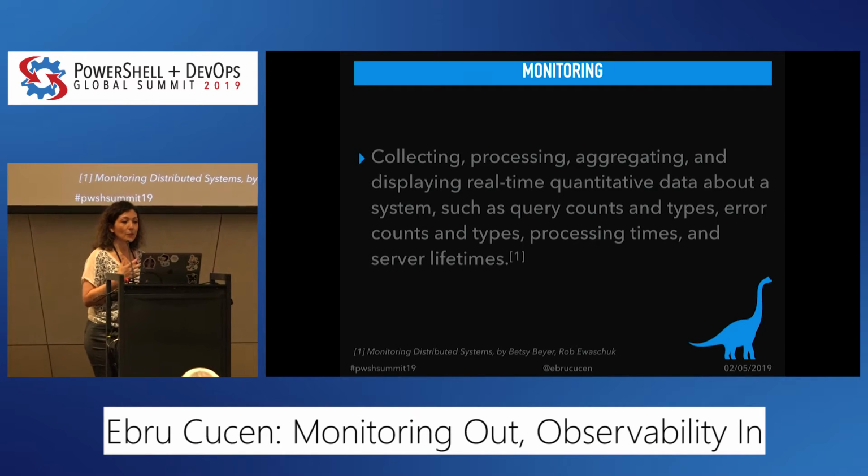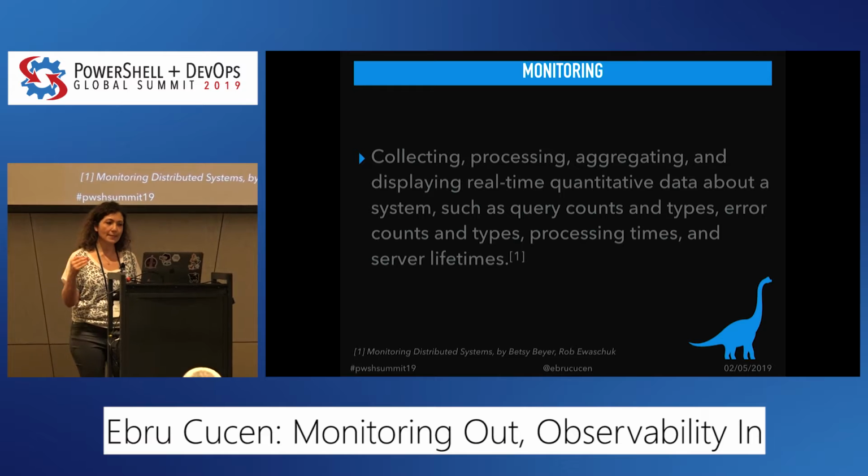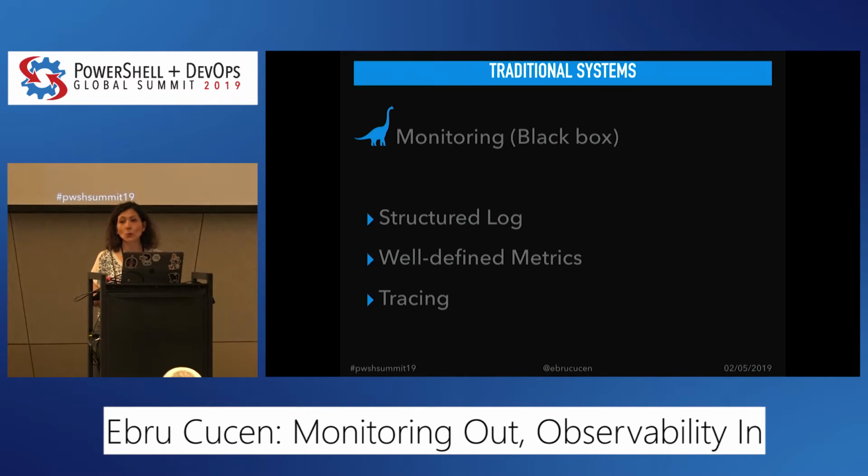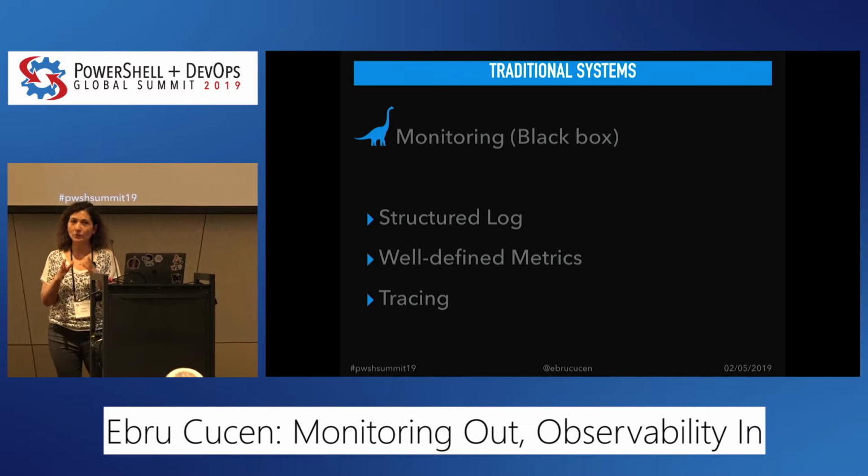So you can get the query counts or types, error counts or types, processing times, server lifetimes. These are all the bits that we used to do for years. It is called black box monitoring to differentiate.